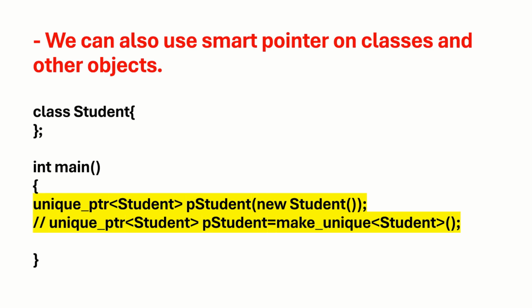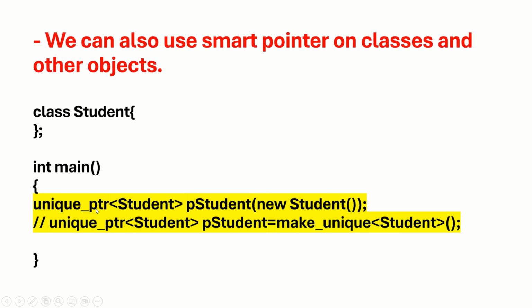We can also use the smart pointer on classes and other objects, and over here is an example similar to our previous example. So here's our class student, and you can declare the class similarly to what we did, and in int main you can declare the smart pointer like this.